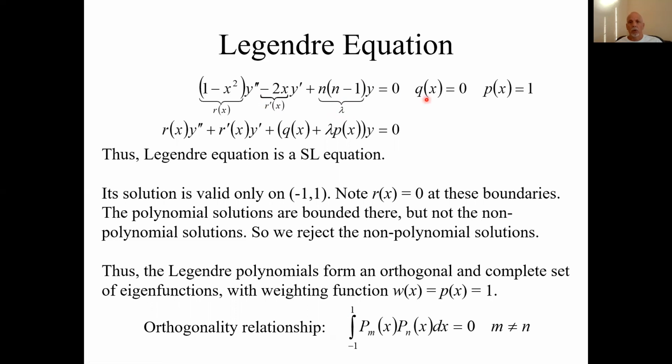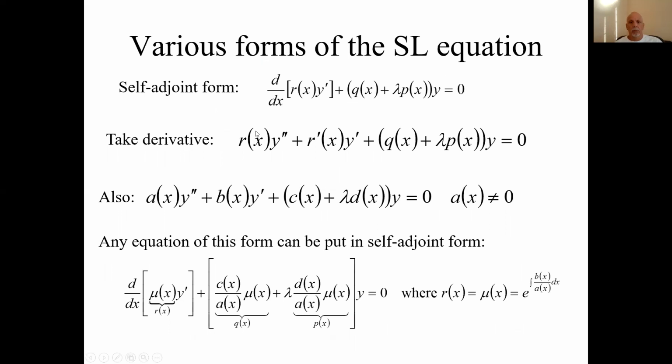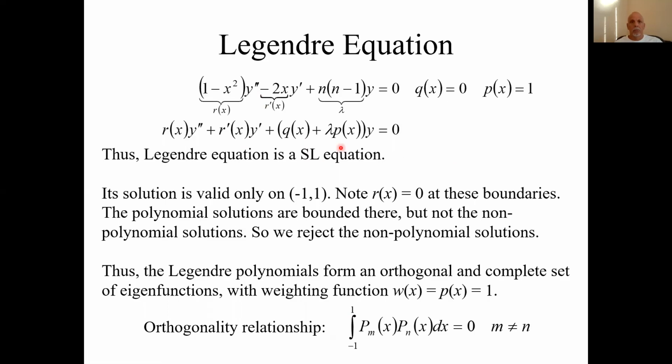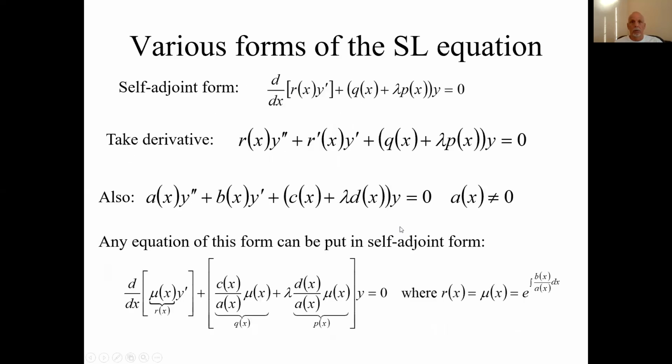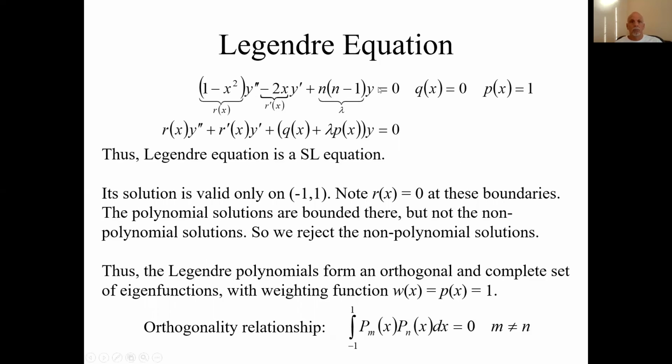And you'll see that Q is 0 here, and P is 1. Here's what we're comparing to the Legendre equation. Q is 0. No Q. Lambda times y, which means the P is 1. So the Legendre equation is a Sturm-Liouville equation.